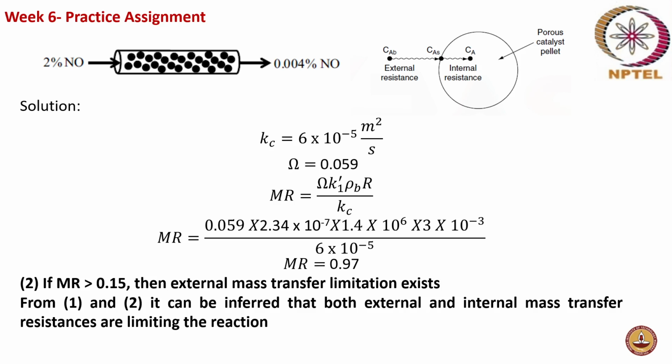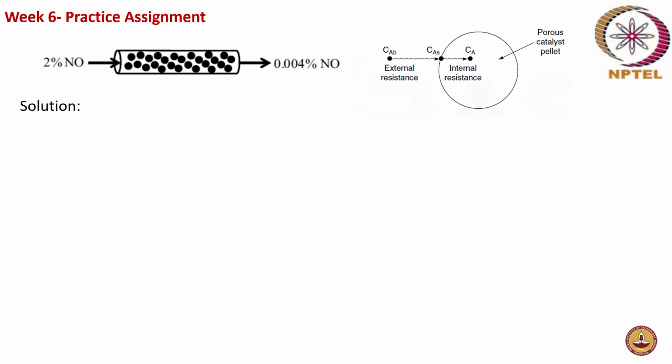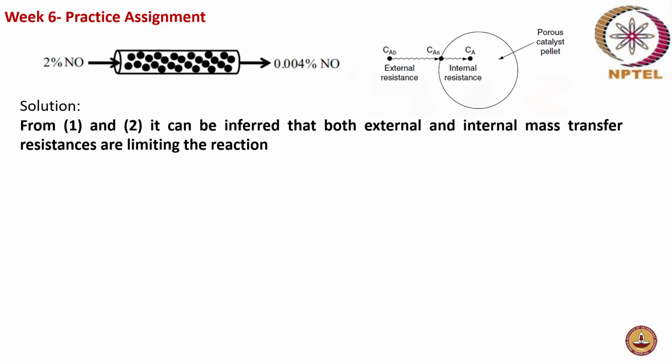Again there will be a concentration gradient from the outside surface of the catalyst to the inside of the catalyst. So we have to account for both these limitations and resistances while calculating the other parameters or for understanding this reaction mechanism. Okay.